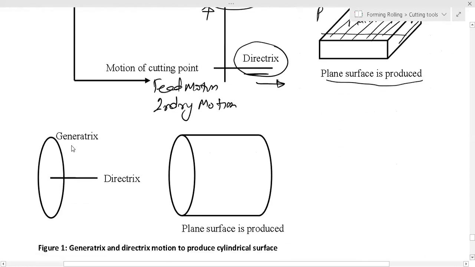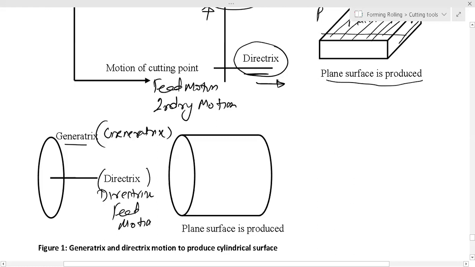Second case: if generatrix is your circular motion, and this is your directrix, which is your feed motion or secondary motion.